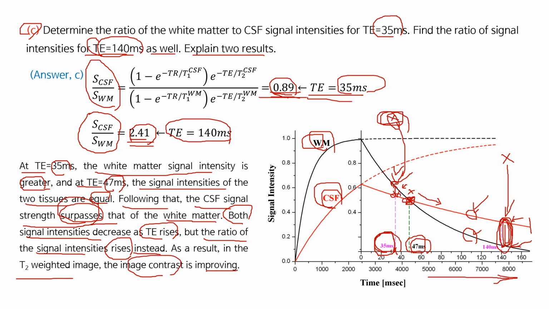Both signals are decreasing, but the signal intensity ratio was increased. Therefore, we can have a more contrasted image at this moment. Okay?